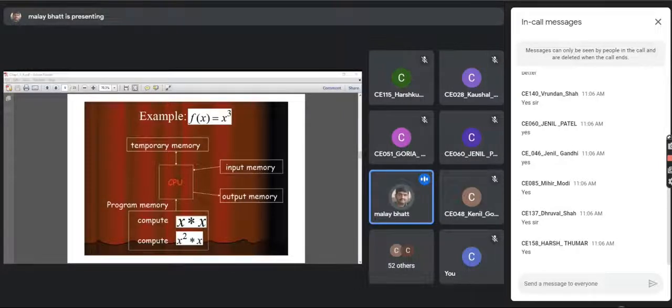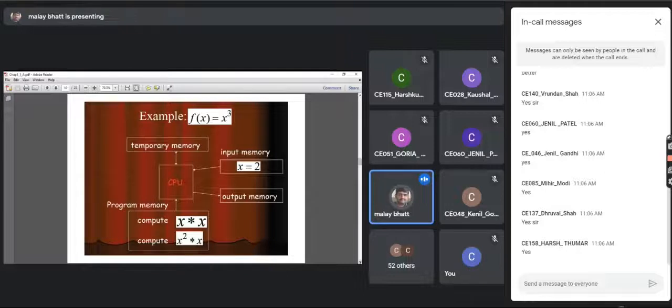So this is nothing but the program. If there is no direct function available to find the cube of a number, we can use this simple calculation: find the square of a number and then multiply it with the number itself one more time to get x cube. So if x is equal to 2, it is given to the CPU.